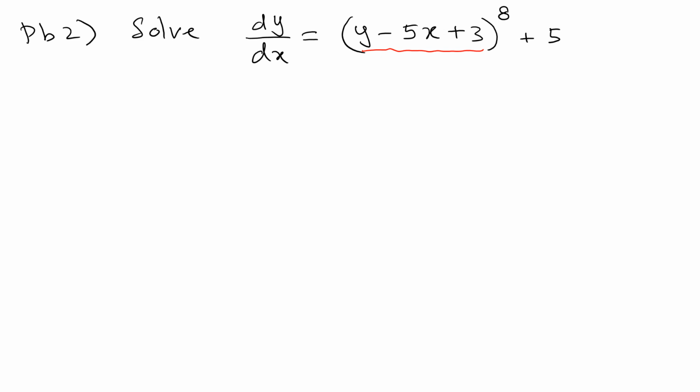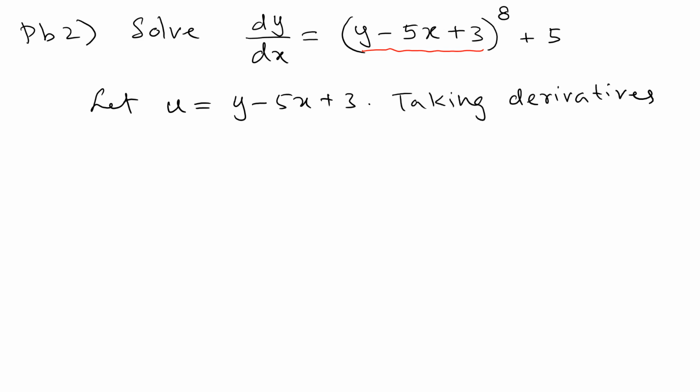Let u equal y minus 5x plus 3, and then we take the derivatives. Taking derivatives, you get u prime on the left side, and the other side is y prime minus 5. That means if you solve for y prime, y prime is u prime plus 5.